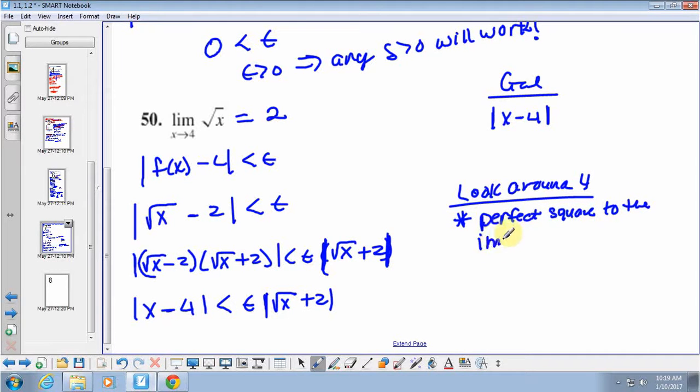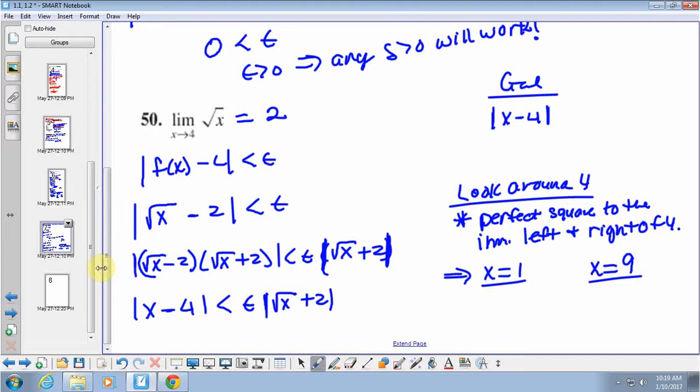And what are those two numbers? x equals 1, and x equals 9. The perfect square to the left is 1, and the perfect square immediately to the right is 9.